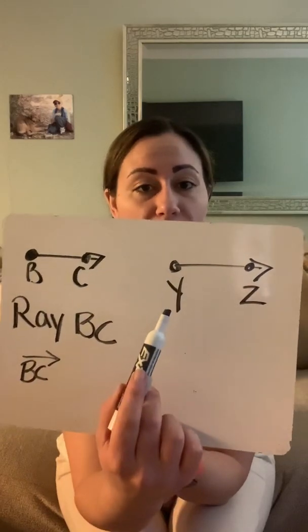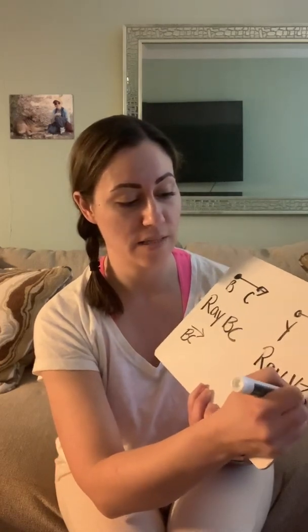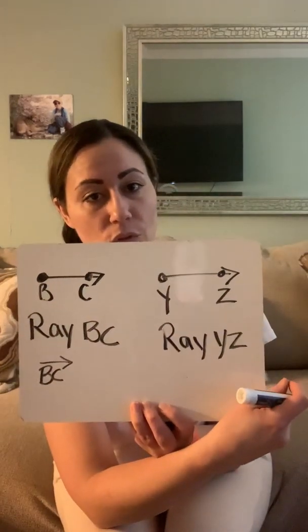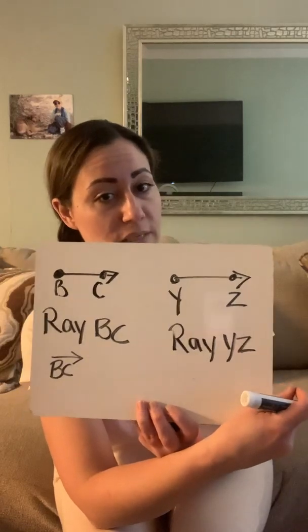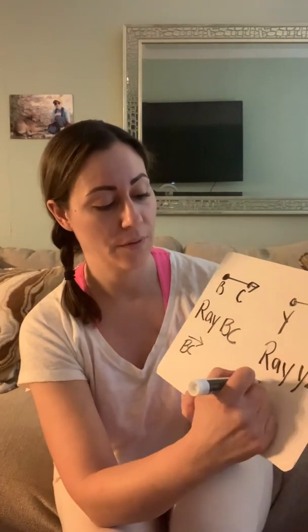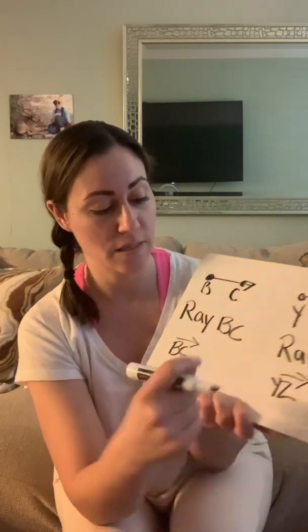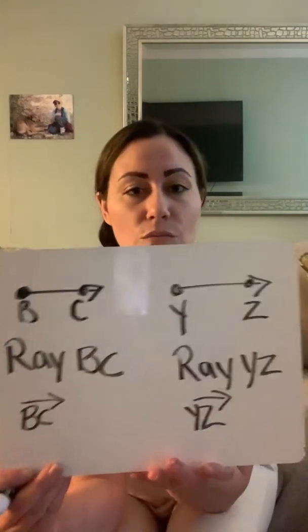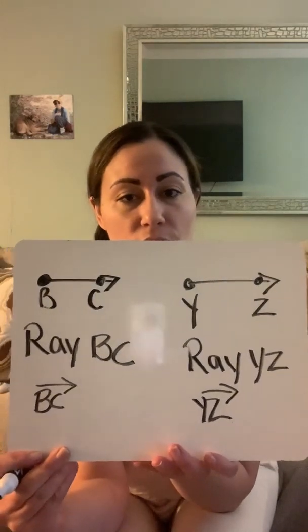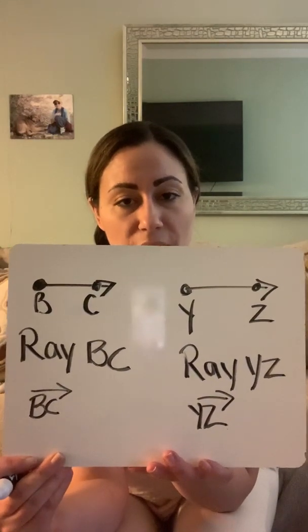Right, I have to start with the endpoint, Y. So I say what it is: it's ray YZ. Or I can use my symbol, the symbol of the ray, and then YZ. So here are the two different ways of naming a ray.